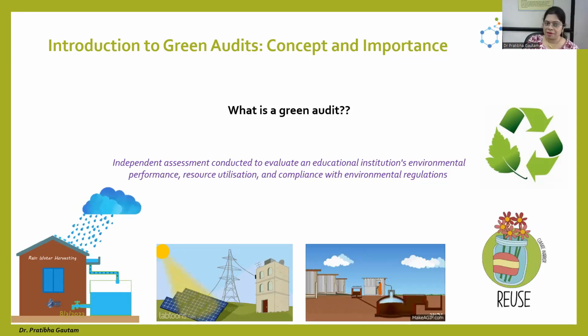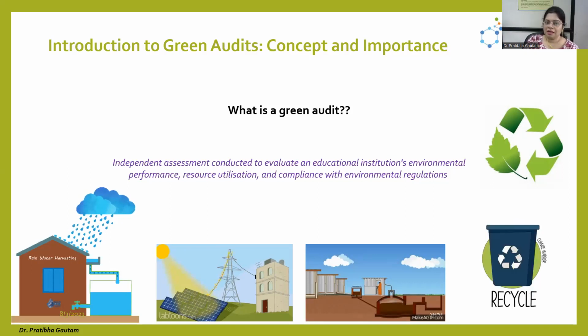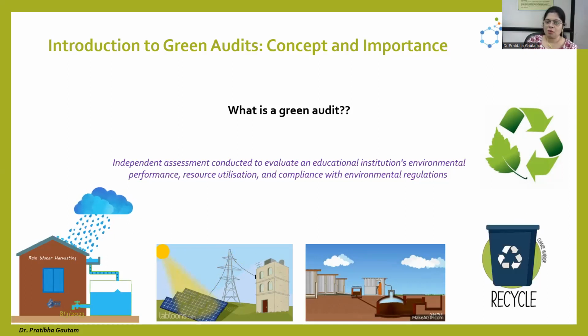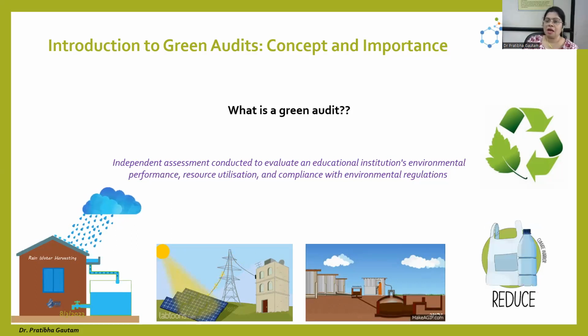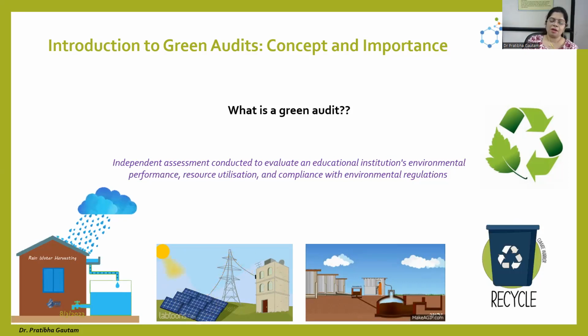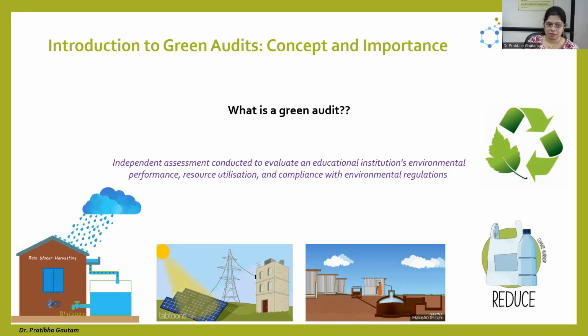So it has to be an independent assessment, conducted to evaluate an educational institution's environmental performance. That means how they are doing on the environmental front, how they are taking care of their waste, their water consumption, their energy consumption.